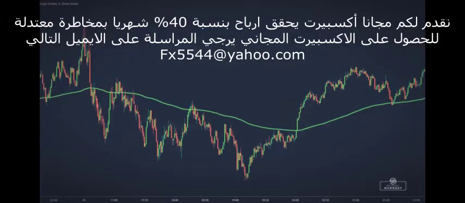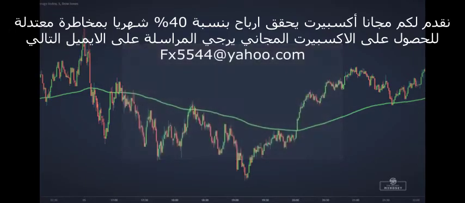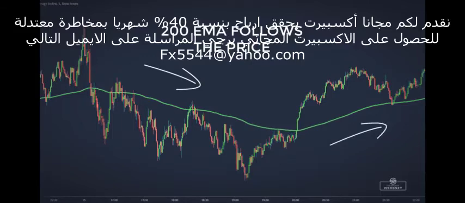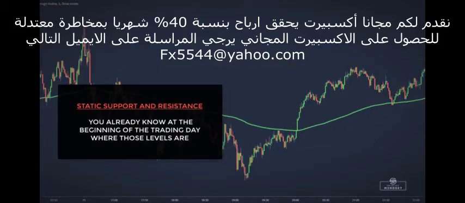The second confluence condition involves the 200 EMA as a dynamic area of support and resistance. I prefer to add the 200 EMA because, as a dynamic area of support and resistance, it is constantly changing depending on recent price action. In the case of a static support or resistance level, you already know at the beginning of the trading day where those levels are. You know in advance where the possible areas of interest are located on the chart.